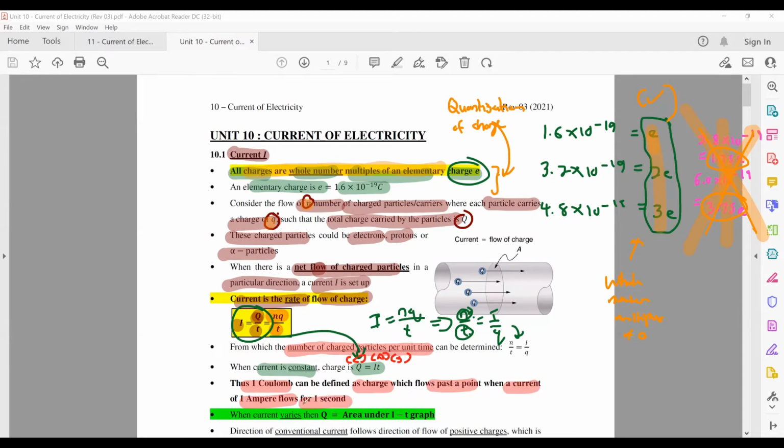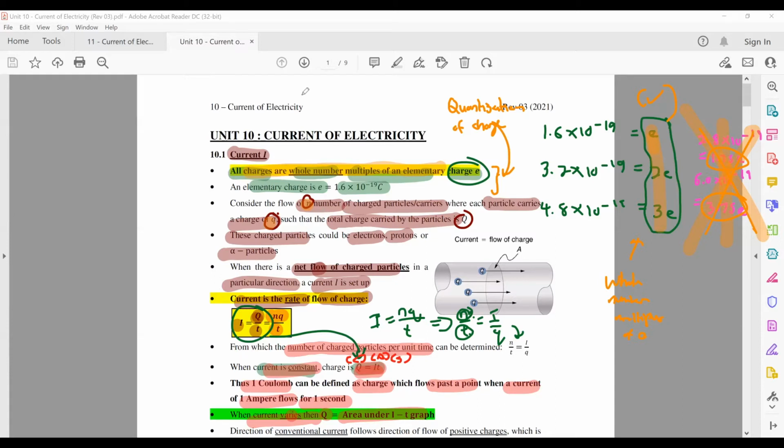Now, on the other hand, if your current varies, Q is not It. We say that Q is It when current is constant. If you encounter a case where current varies, then Q is actually the area under the I-t graph.